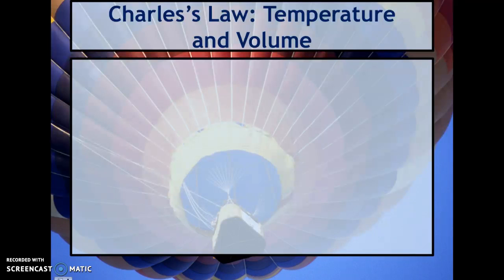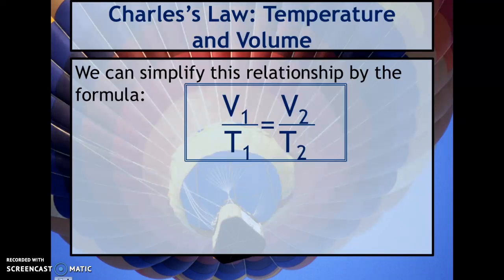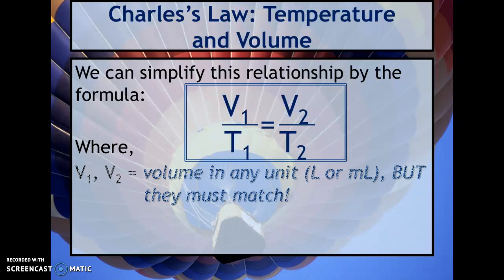Let's take a look at a Charles's law example where we deal with temperature and volume. We can simplify this relationship by the formula V1 over T1 equals V2 over T2, where V1 and V2 are volume in any unit, usually liters or milliliters, but they must match.